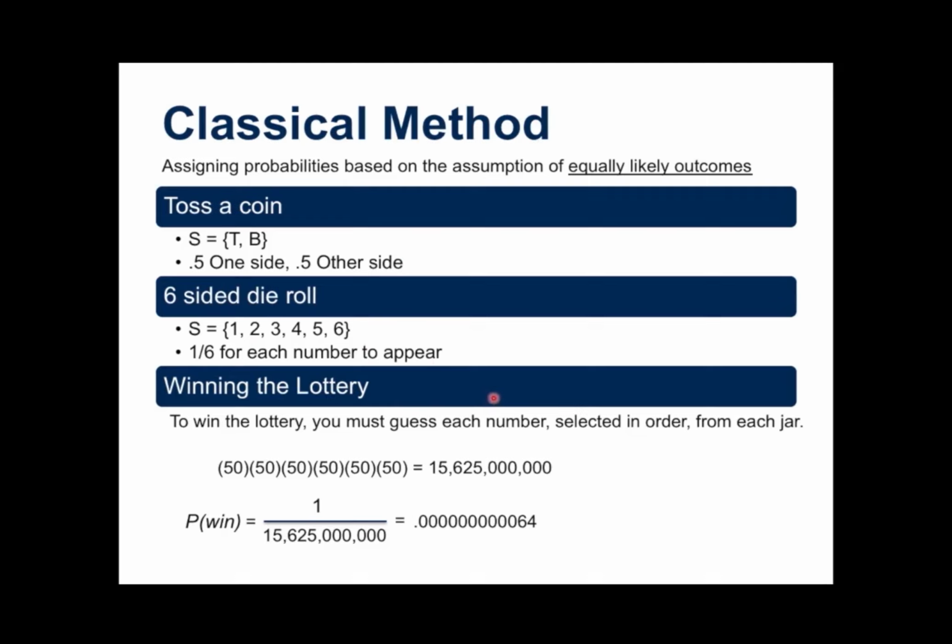We saw in the different combination rules, the product rule, for example, here, winning the lottery, you must guess each number selected in order from a jar. So in this case, you'd have 50 available each time. We saw this number when we were looking at the different rules.